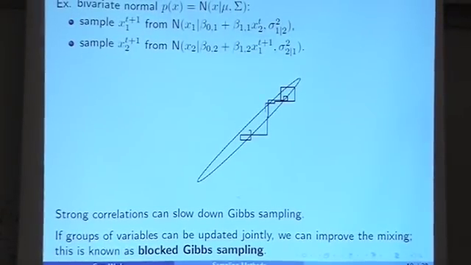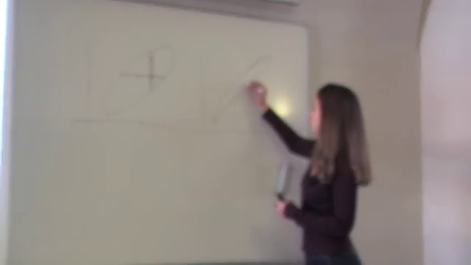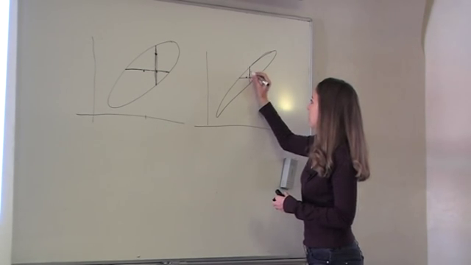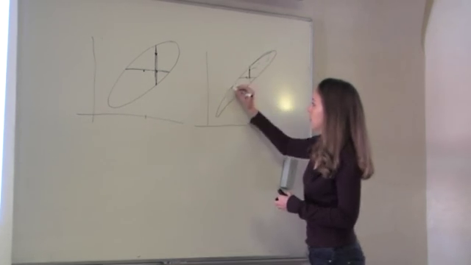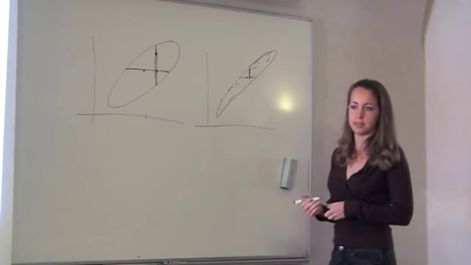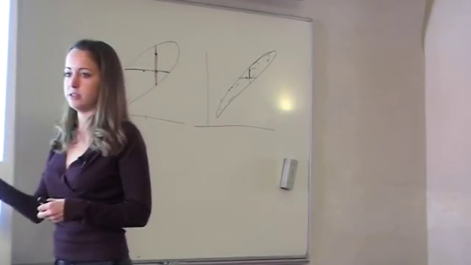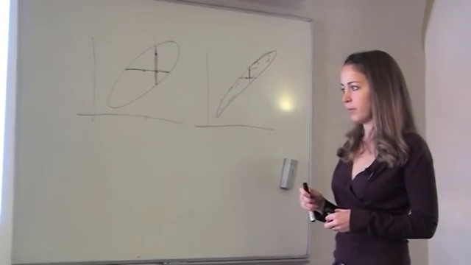So instead, if I have a bivariate normal described by a very elongated ellipse, then if I want to move from one state to another state, it can take a lot of steps to explore the entire space. So in summary, strong correlations between our variables can slow down Gibbs sampling.